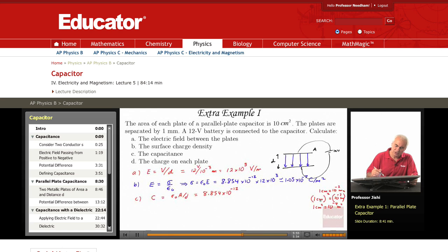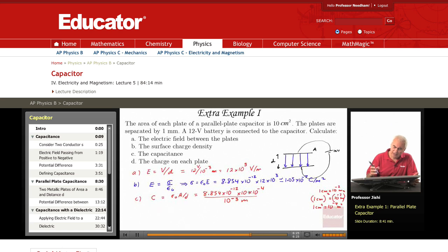So 10 centimeters squared is 10 times 10 to the minus 4 meter squared. That's epsilon 0 A over d. d is 1 millimeter, which is 10 to the minus 3 meter. So that's 10 times 10 to the minus 4, which is 10 to the minus 3, divided by 10 to the minus 3.